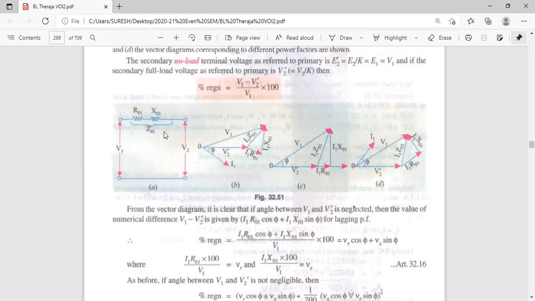Now what I am doing is, I am drawing the phasor diagram for this equation on the board.